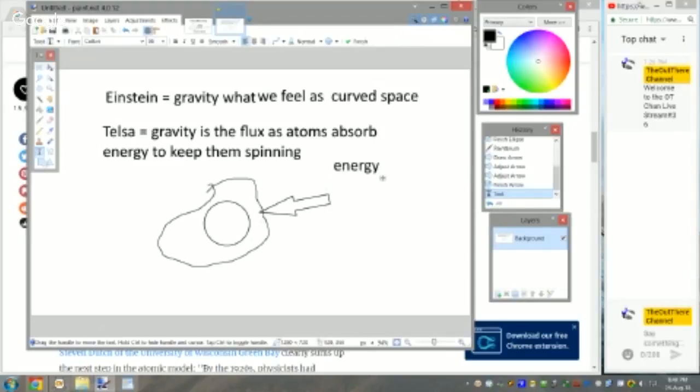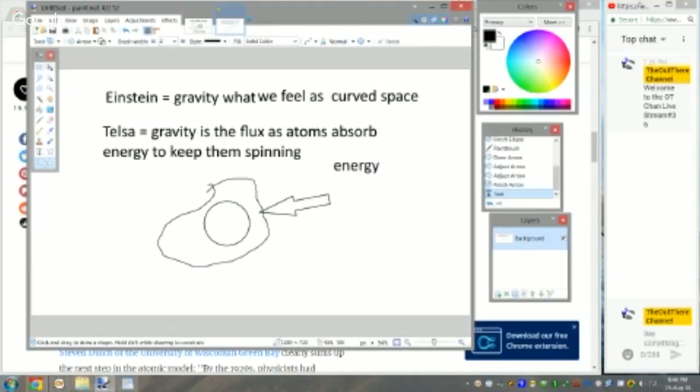Now, because the energy flows, you could imagine it like a river, that's going to suck you in like a stream, and that's like gravity. Well, Einstein was thinking curved space, where you've got the atom, but that it's curved.